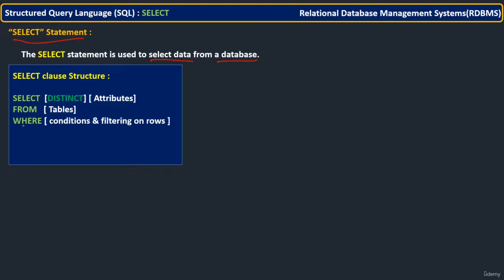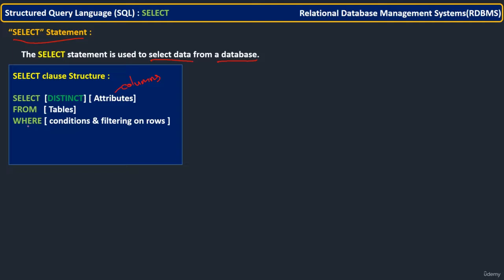And after that you have where. Here is the set of columns, which is nothing but columns only, as we have seen earlier. Here you can filter the columns. You can display all the columns in a table or only some of the columns, which means you are filtering the columns.